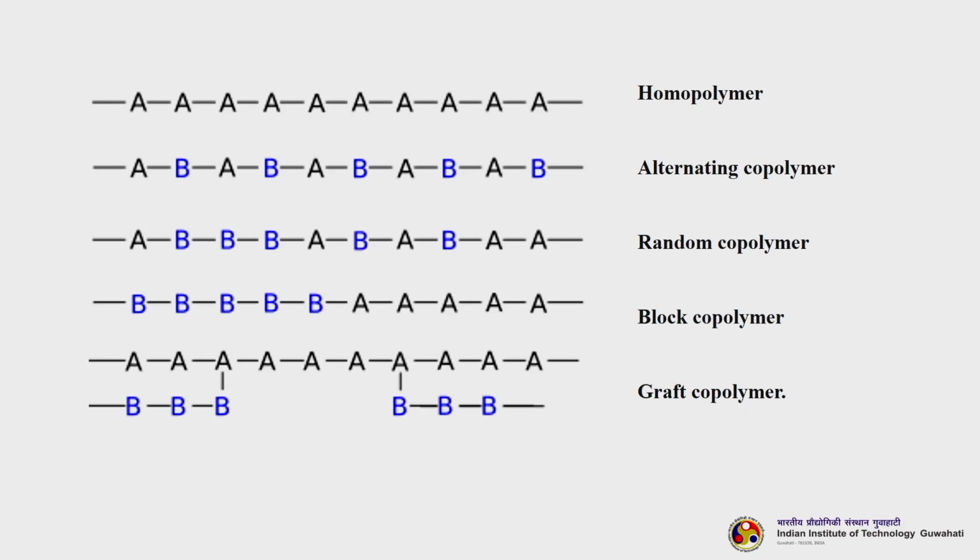Here you can see 5 monomers of B fused together followed by 5 monomers of A, and this sequence repeats. This is called a block copolymer. In a graft polymer, the two different types of monomers are joined by grafting. Here the B monomers are grafted to the monomeric chain of A.